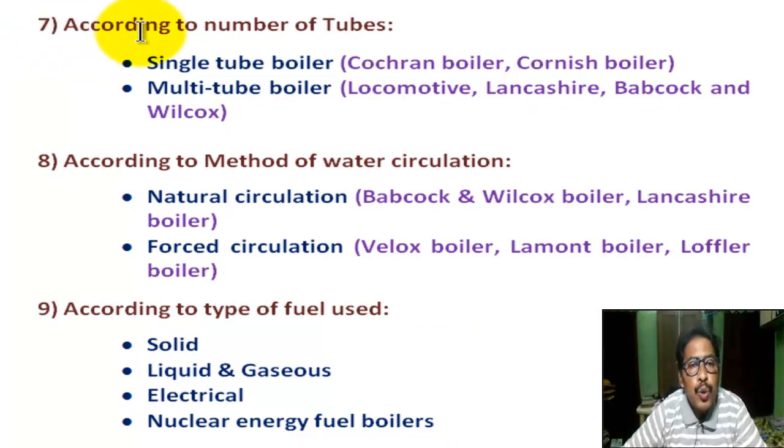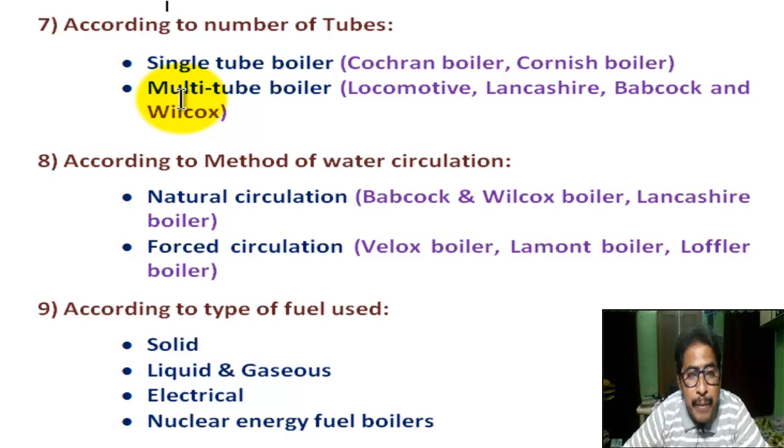Number 7, according to number of tubes. First, single tube boiler. A boiler having only one fire tube or water tube is called single tube boiler. Example, Cochran boiler, Cornish boiler, etc. Next, multi-tube boiler.